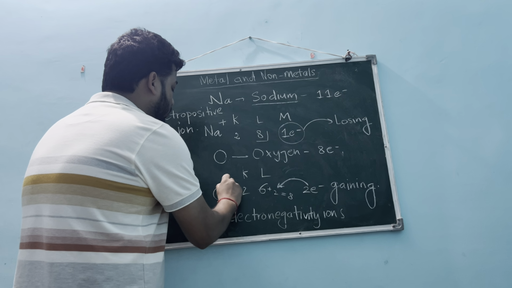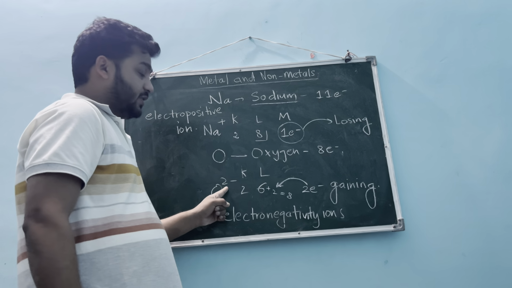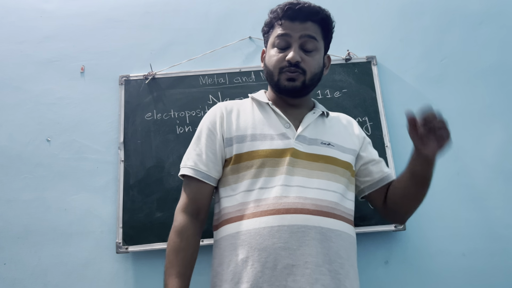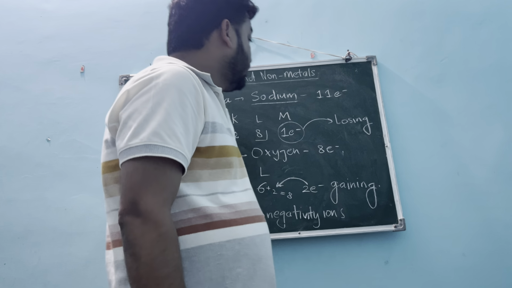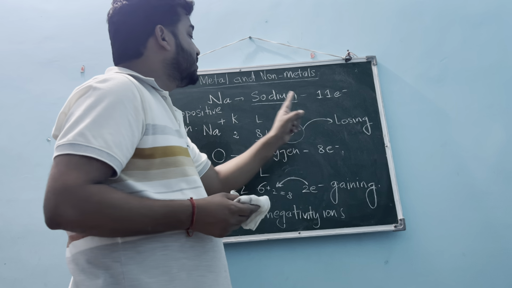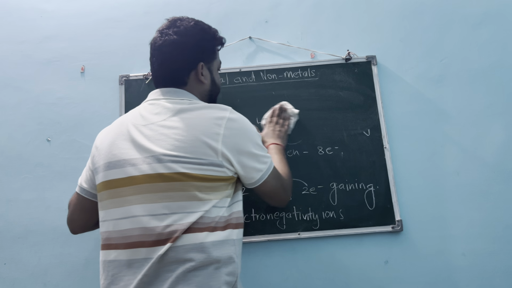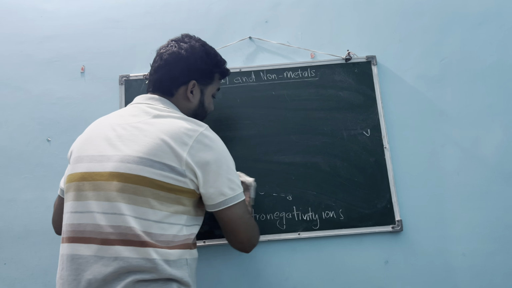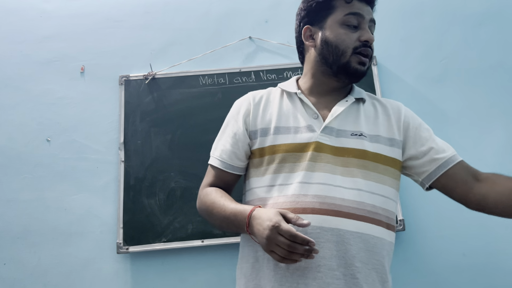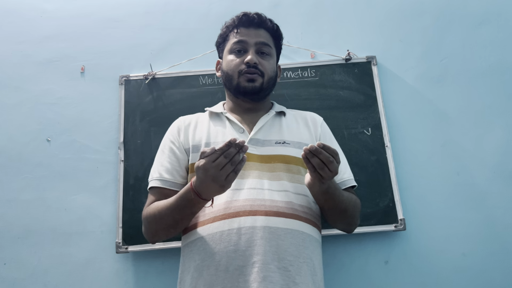It will form O2 minus because it gained 2 electrons, so here we are putting 2 minus, right? So this is the major difference between a metal and a non-metal. Metals lose electrons, non-metals gain electrons.